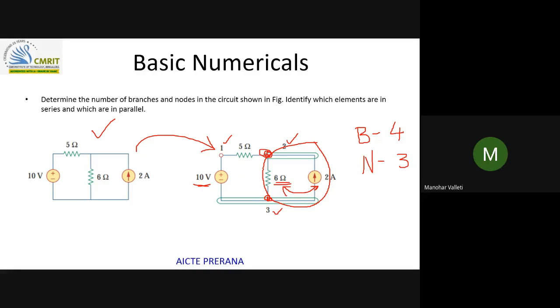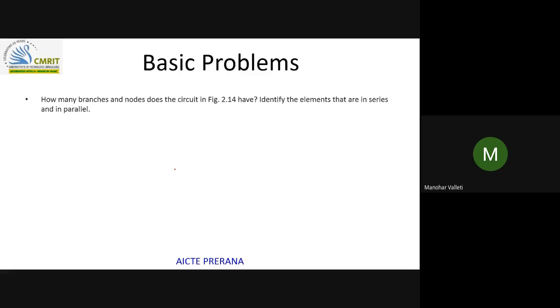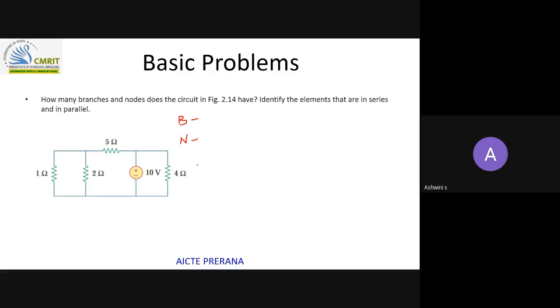Am I audible now? Yes, sir. So the total number of nodes and branches were 4 and 3, and like that the series and parallel. Same, can you tell me now for this how many branches and how many nodes? 5 branches.